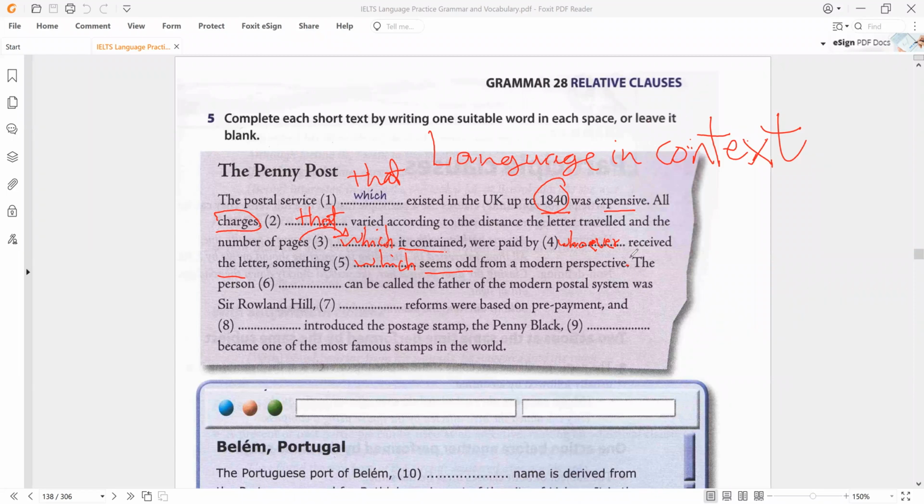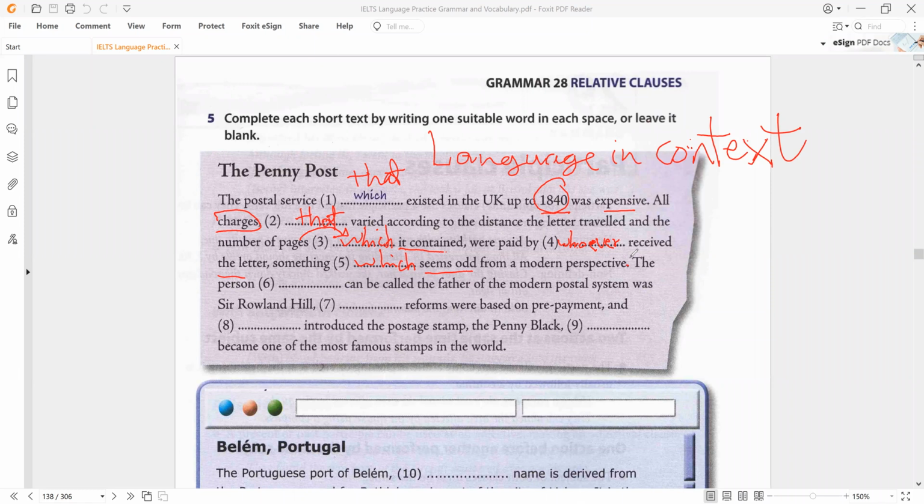The postal service which existed in the UK up to 1840 was expensive. All charges that varied according to the distance the letter traveled and the number of pages which it contained were paid by whoever received the letter. Something which seems odd from a modern perspective.